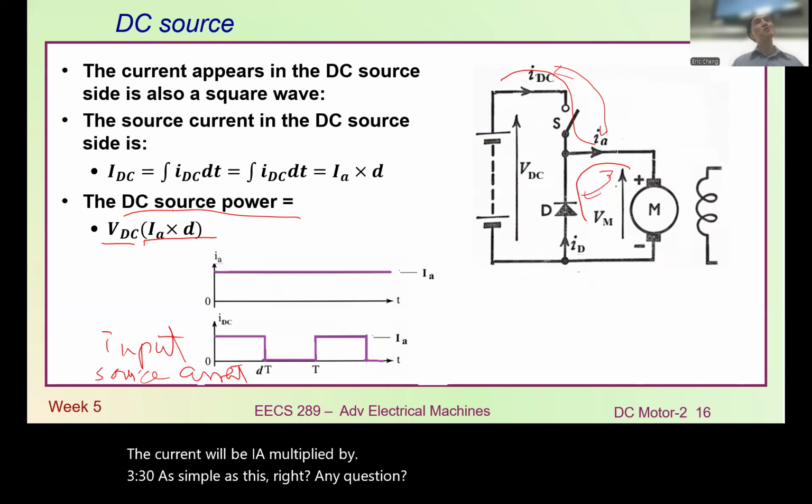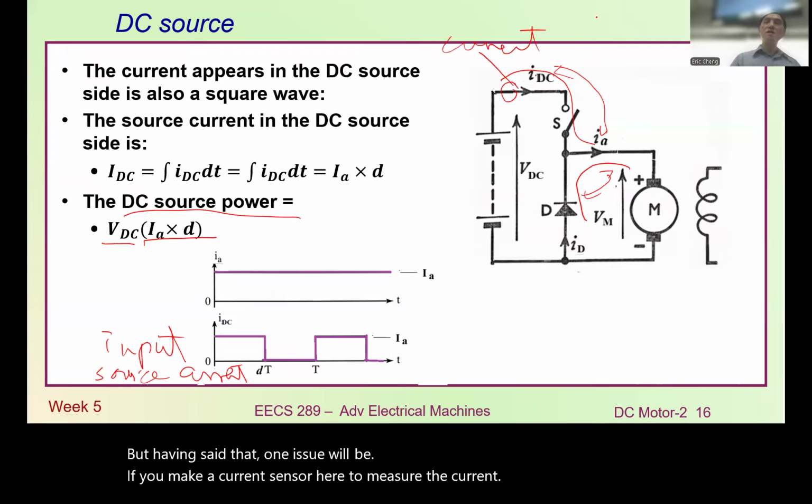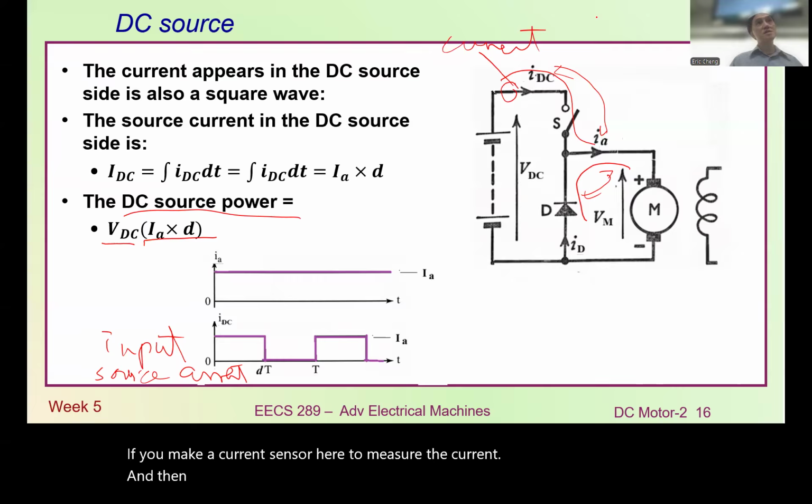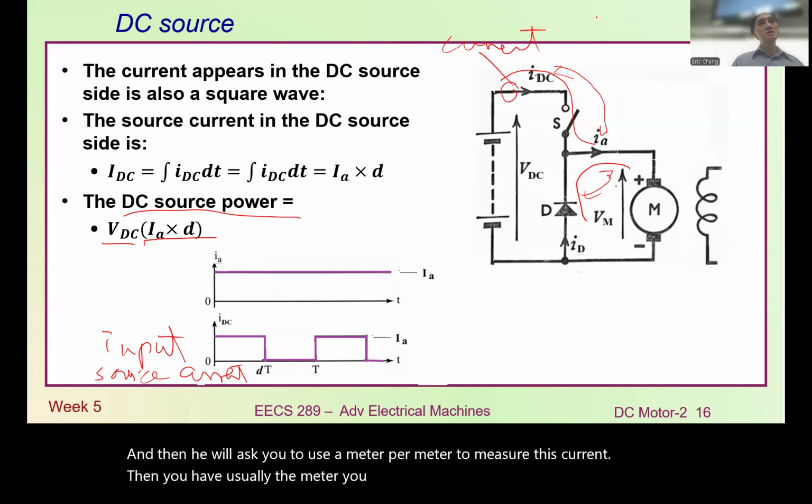Power must be equal to voltage times current, right? But having said that, one issue is, if you put a current sensor here to measure the current, and I ask you to use a current meter, usually you have an RMS meter and you have an average meter.